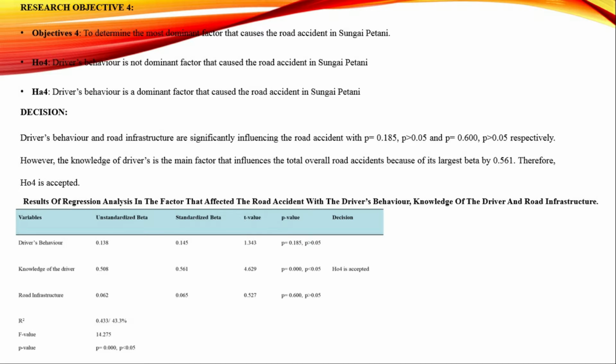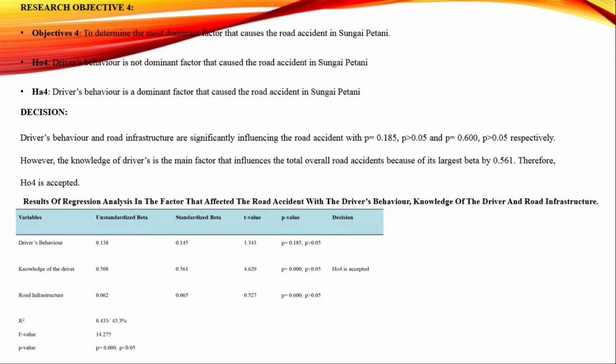While the decision is based on the reported result, all the independent factors are able to explain 43.3% of the variance in the factors that affected the road accident. The one-way ANOVA table shows that the model is statistically significant to be used for prediction, as indicated by the F value of 14.275.